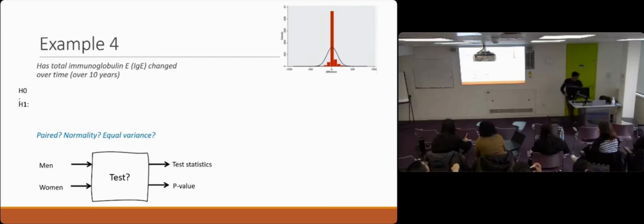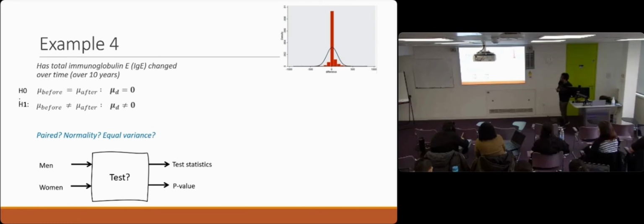Fourth example, I think we are almost done. Has the total, I don't know what that is, changed over time in 10 years? Is it paired or unpaired? Paired. Null hypothesis: not changed. Alternative: changed. Paired, you get the t-test.